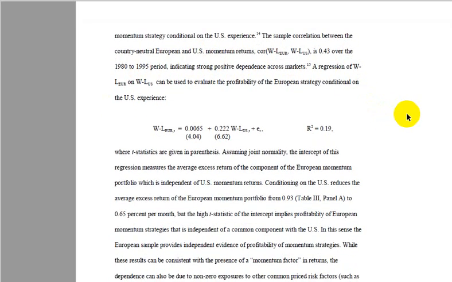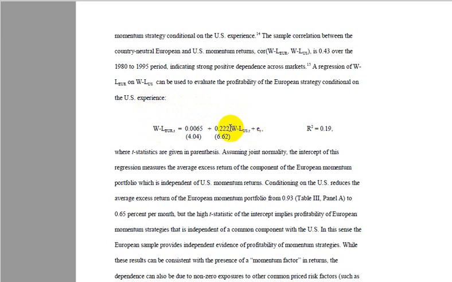To dig a little deeper, we do a regression to evaluate the profitability of the European strategy conditional on the U.S. experience. So here we're trying to find basically the source of the winner minus loser returns in the European markets based on the winner minus loser returns in the U.S.